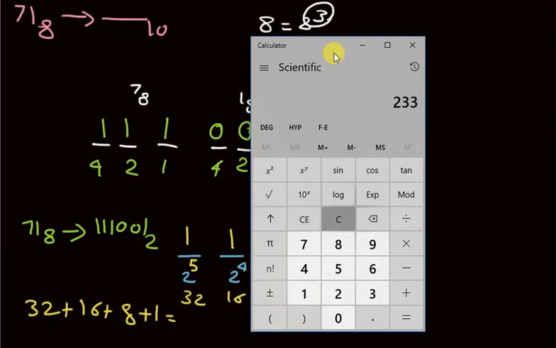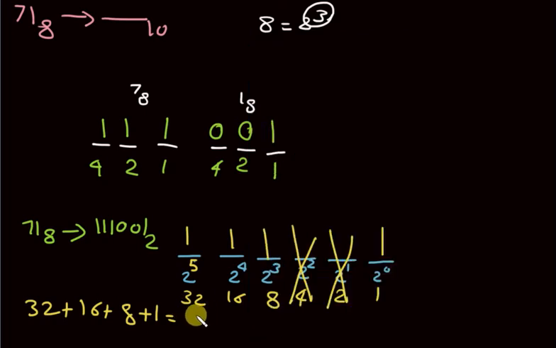Okay, so I add 32 plus 16 plus 8 plus 1, and this will give me 57. 57 base 10, so this is equal to 57. Okay, so this is how you do it. This is how you convert octal to decimal. There are so many other ways to do it, but the easiest way is to convert your number into binary and then convert your binary number to decimal number.